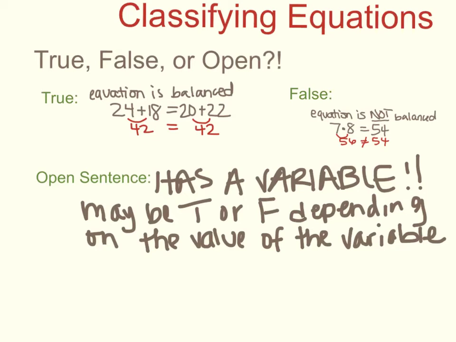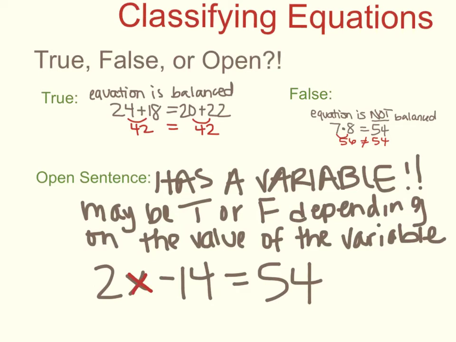So an example of this for you would be 2x minus 14 equals 54. The giveaway there is that variable. It has it, so it's automatically open. Depending upon what x is going to either make the sentence true or false. So that would be your definition of an open sentence.